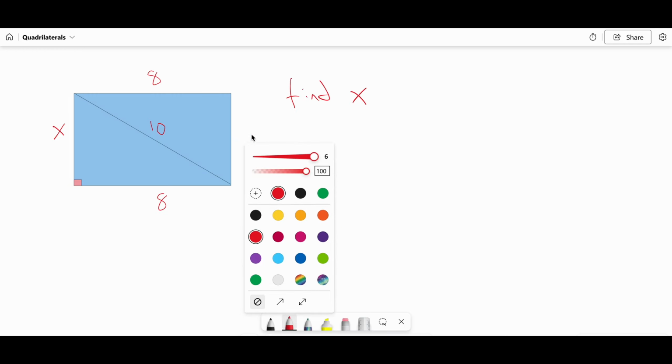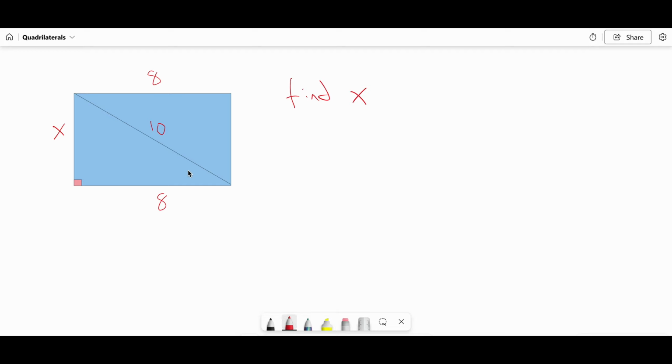Okay, so let's look now at this exercise. We have a rectangle. Let's call this side A, B, C, and D. And we need to find this side AD. Find x. We need to find side AD.